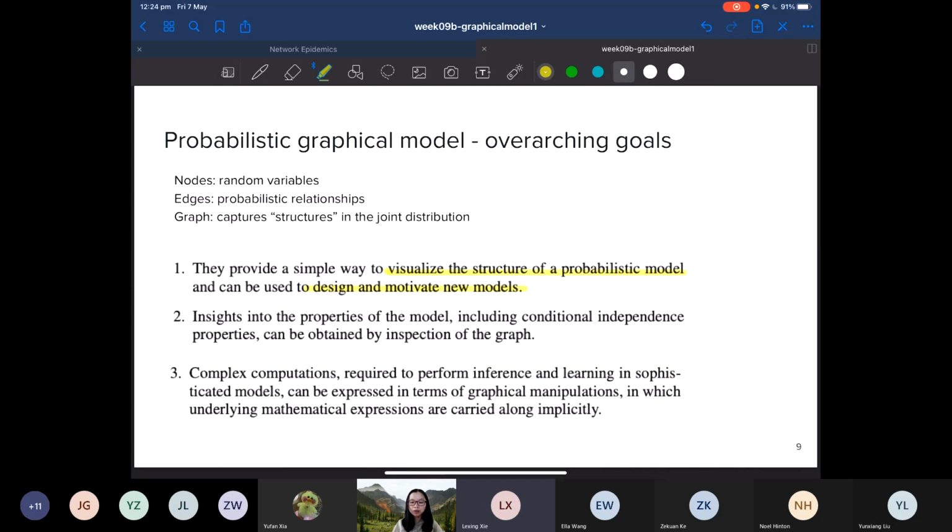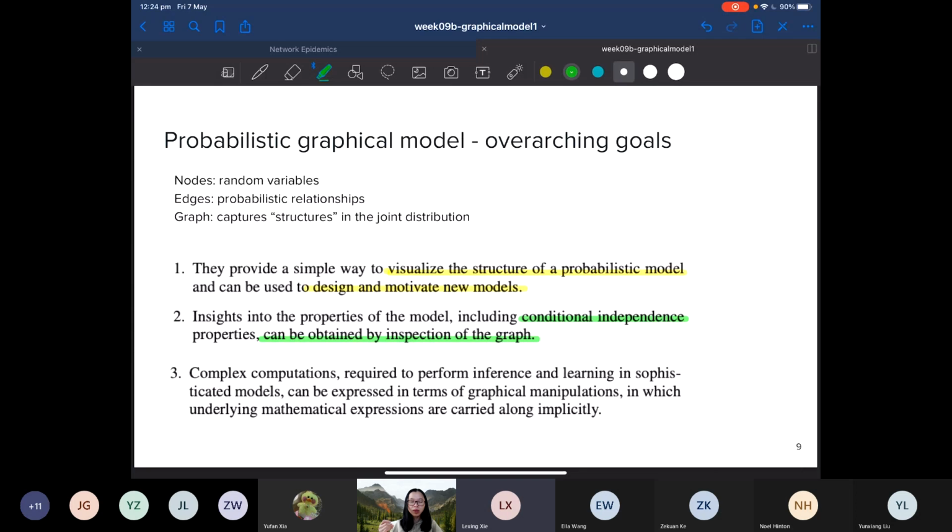So the second advantage, which we will look at today, is that important probabilistic properties such as conditional independence can be obtained by inspection of the graph, looking at the graph or checking the graph via a computer. So this is more for people designing or running machine learning algorithms.